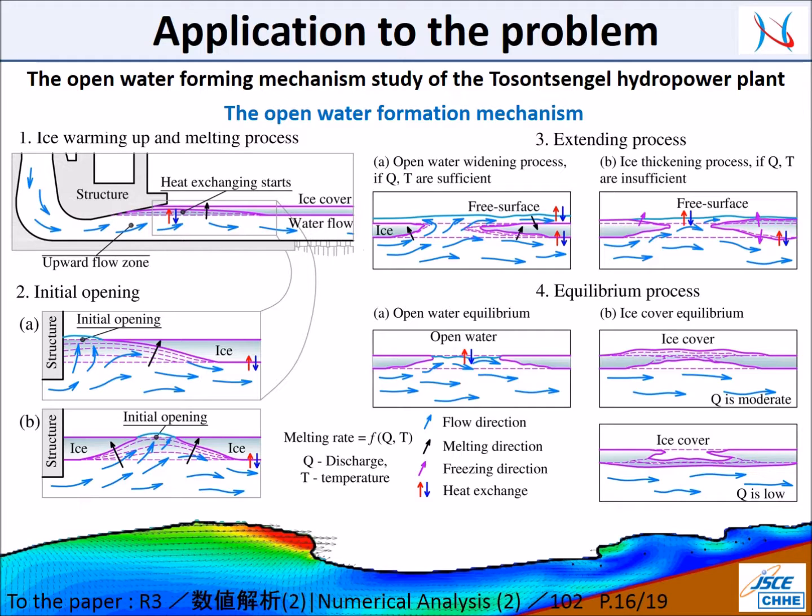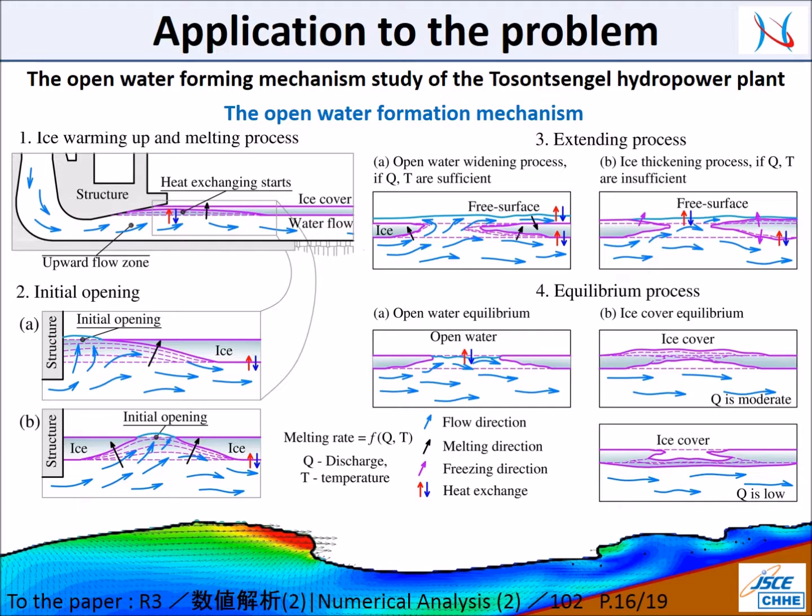The ice cover in the outlet is warmed up and melted with upward directed warm water flow until the initial opening, which can be observed near to or far from the structure.